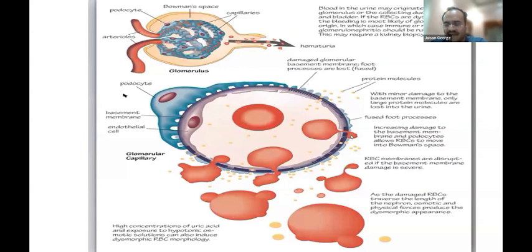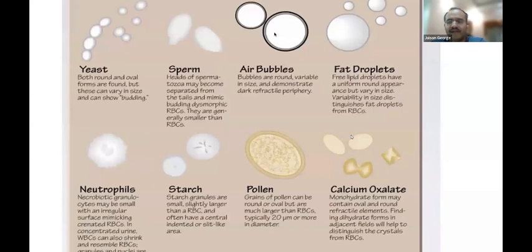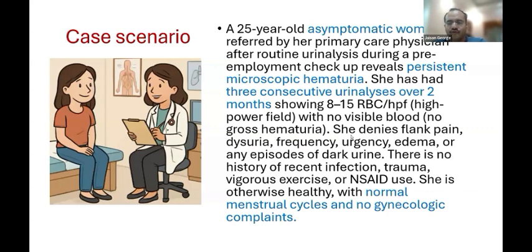In the process, they can have slight deformation of membrane when subjected to osmolar shifts, forming blebs. And these blebs give a picture of acanthocytes to these dysmorphic RBCs. It has to be kept in mind that there are certain mimickers of RBCs in the urine, like yeast, spermatozoa, fat droplets, etc. Let's understand the approach to hematuria better with a clinical case.